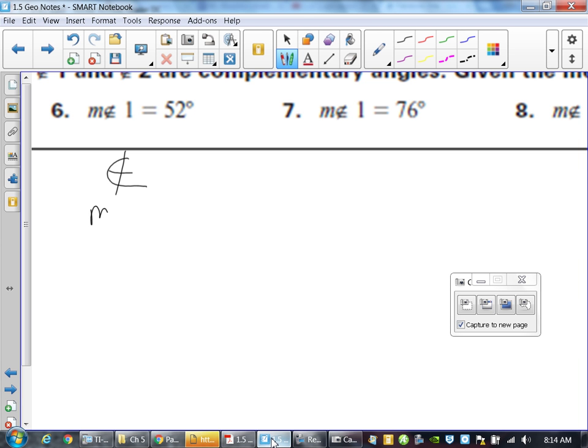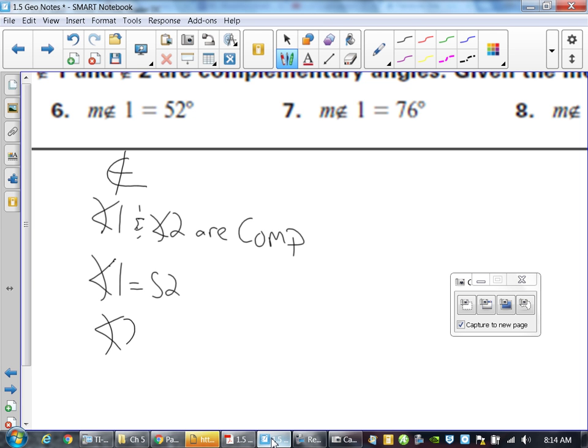So if angle 1 and angle 2 are complementary, and angle 1 is 52, what's angle 2? 38. How'd you figure that out so fast? Subtract from 90. Very good.